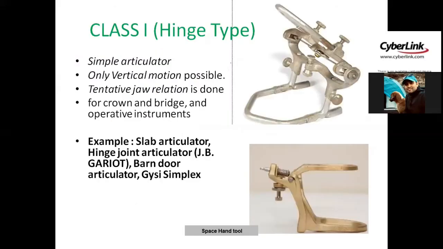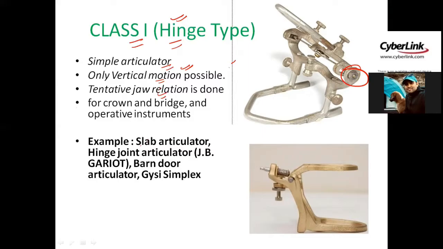First is your class 1 or hinge axis. Why hinge axis? Because it only simulates the hinge axis. It is a very simple articulator. Only vertical motion is possible in this type of articulator, right? And these articulators are used in cases where a tentative jaw relation is done.